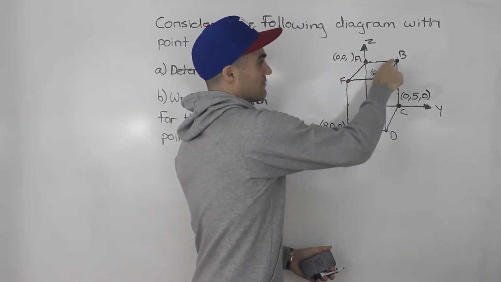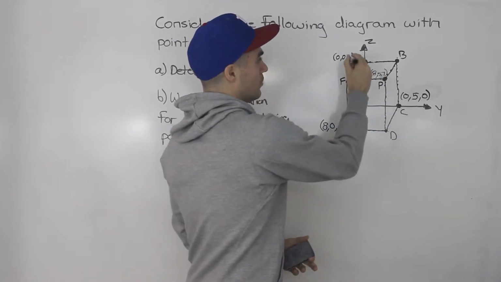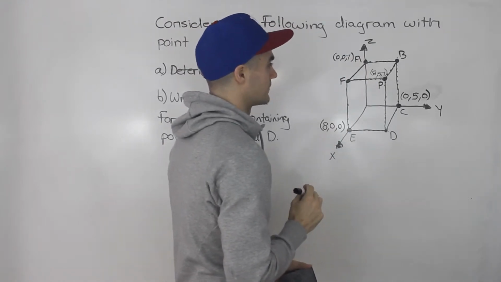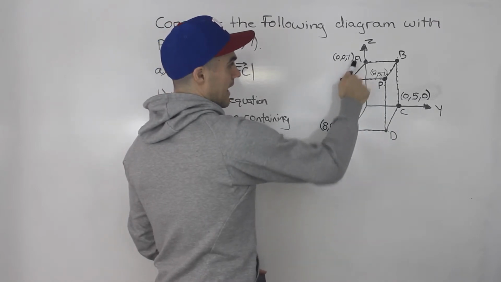Right? So they all have the same z value. Since point P has a z value of 7, point A is going to have a z value of 7 as well. Right, so we got the intercepts labeled, C, E, and A.